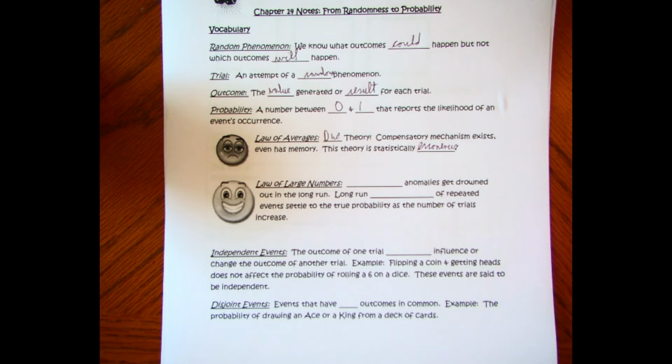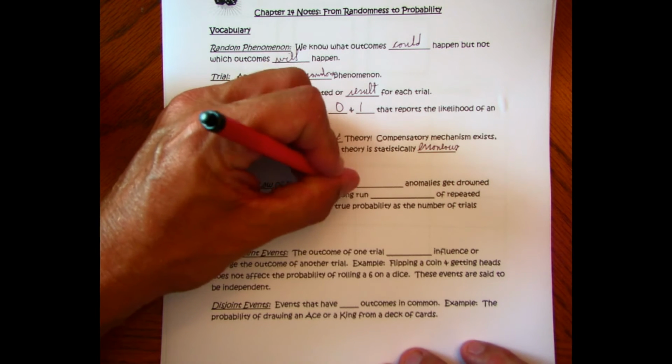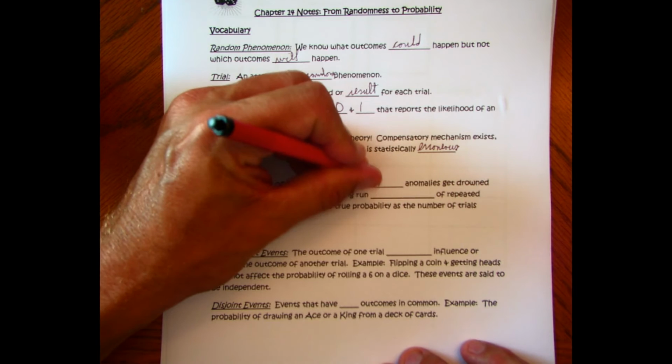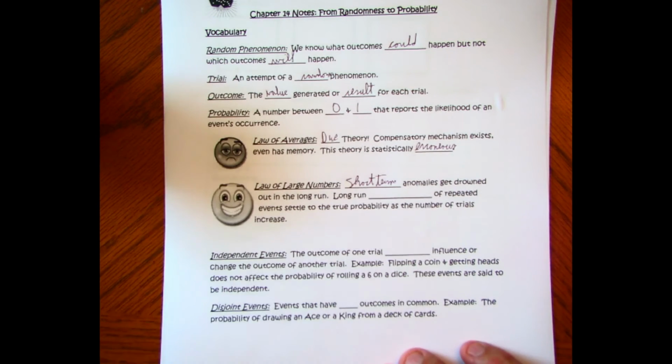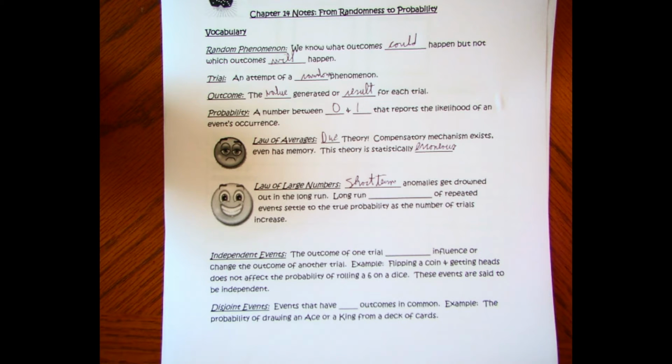The law of large numbers. Short-term anomalies get drowned out in the long run. So if we were to roll a dice 600 times, on average the 5 will come out around 100 times. Each number would come out around 100 times. Doesn't mean it'll come out exactly like that. But let's say that in the first 20 rolls the 5 didn't come out.